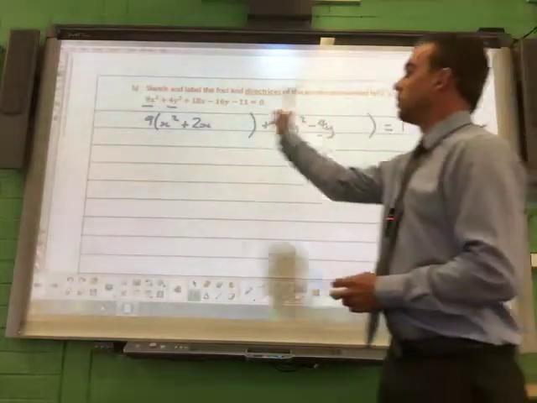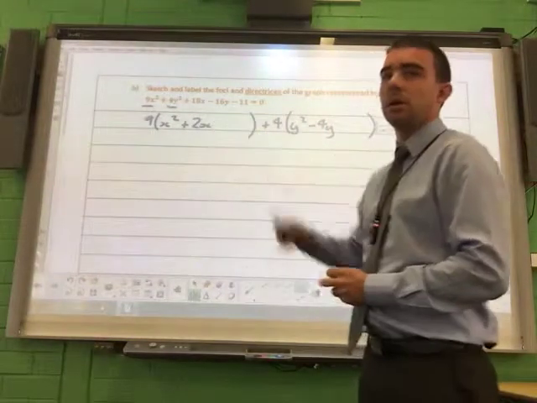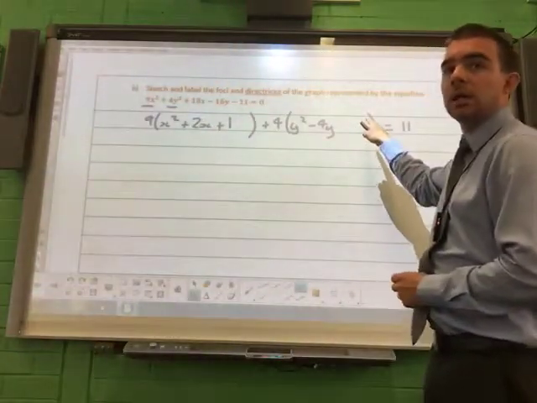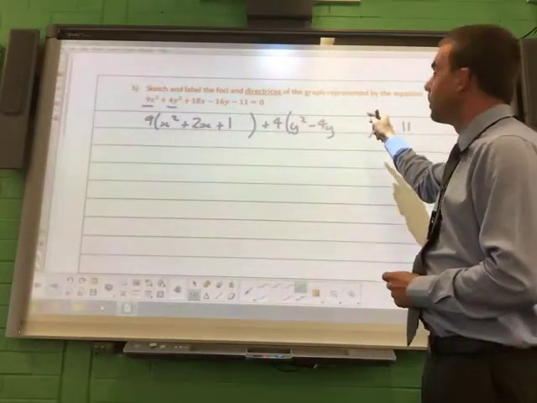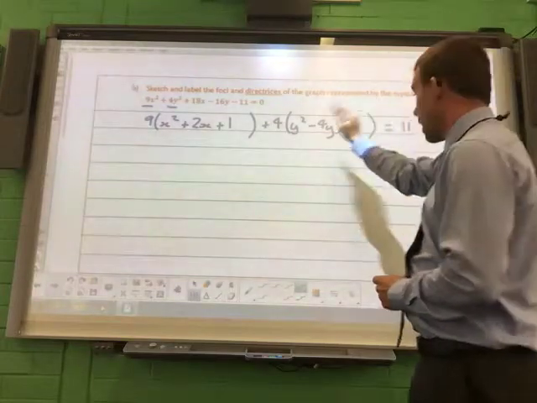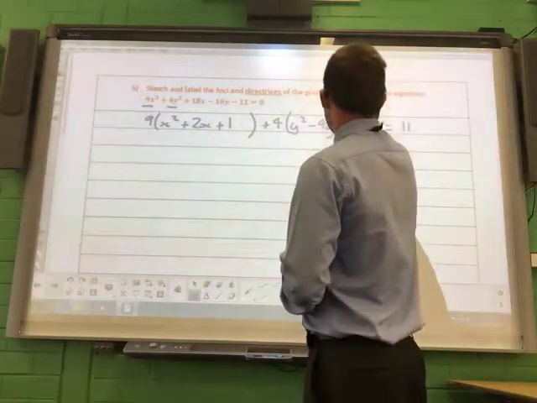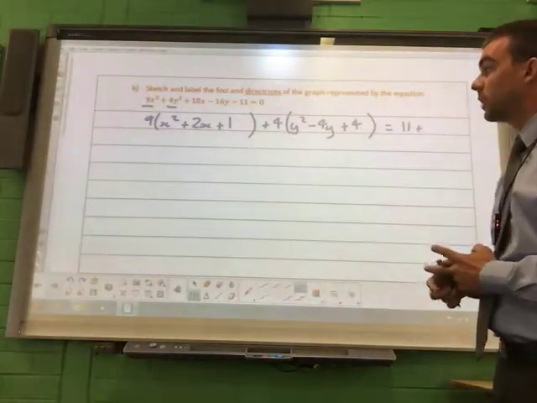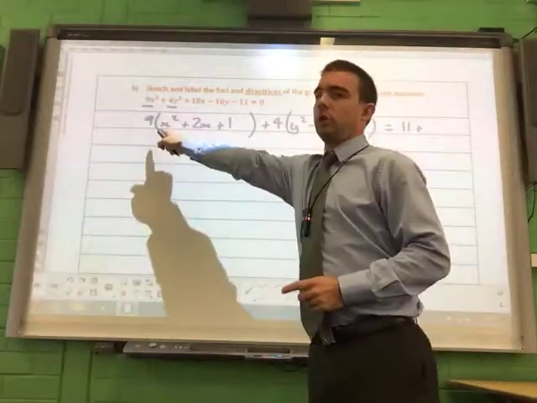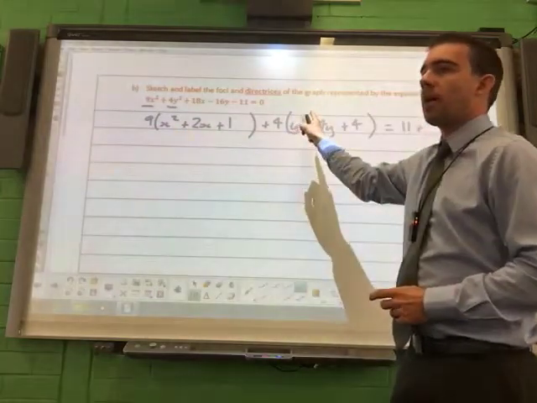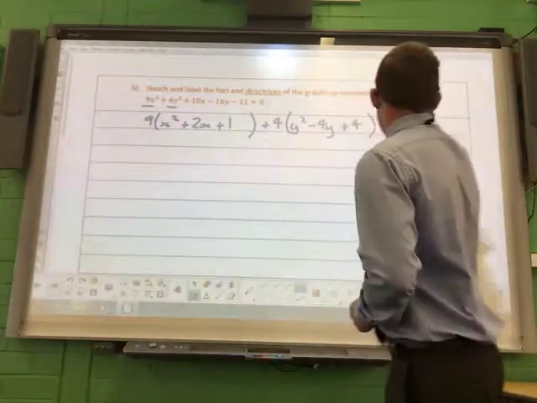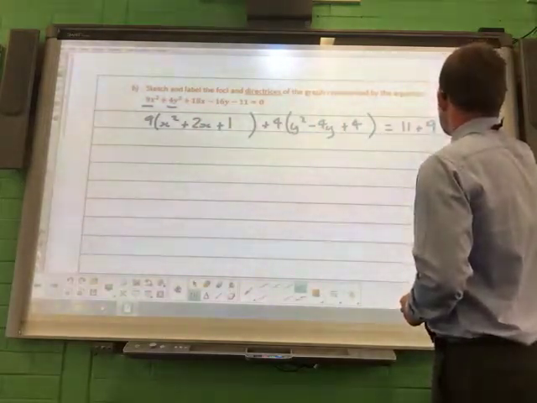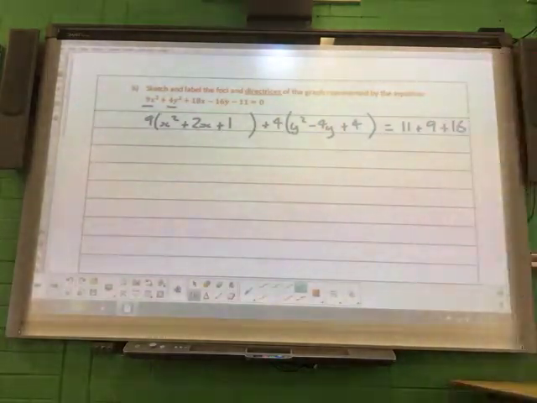Right, so what's that to finish the square there? 1. What's this to finish the square here? 16. 4. The half, then square it, plus 4. So what I've done to the left hand side I must also do to the right hand side, and you've got to be careful because we've already got a factor of 9 and 4 out. Okay, so this will be 9 and then 4 times 4 to balance it properly.